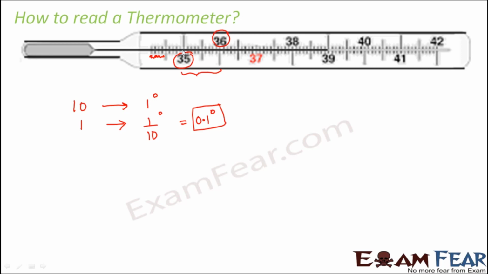It depends on thermometer to thermometer, but basically what you have to decide is how much two short lines indicate. In this case the distance between two short lines measures 0.1 degree. Correct? Now let us see how we measure the temperature.